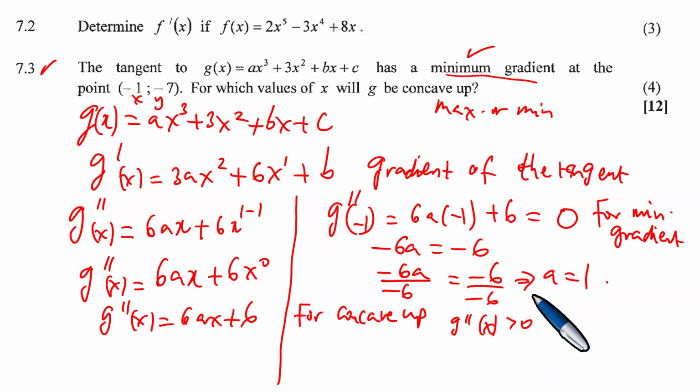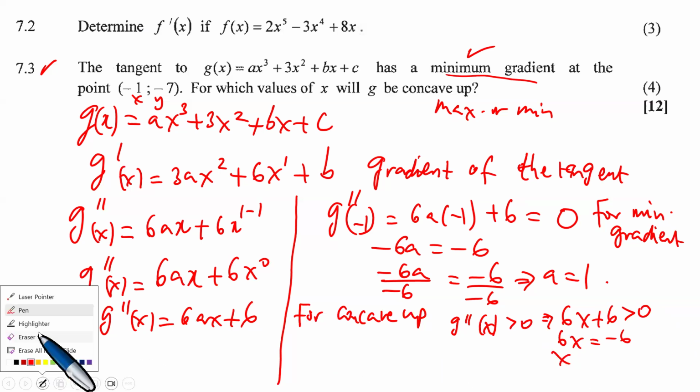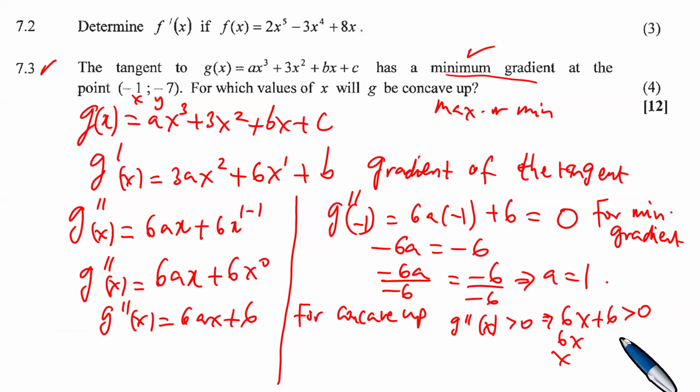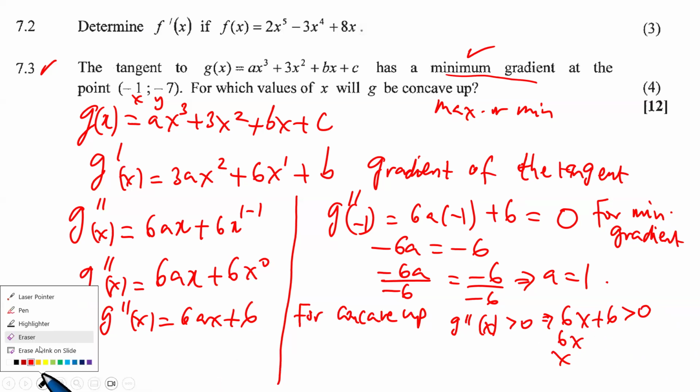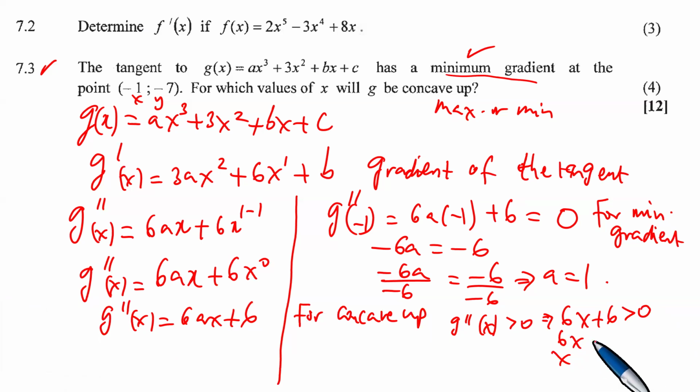We've already got that a is 1, which means that you're going to substitute everything here. It's therefore going to be 6x plus 6 bigger than 0. So 6x is bigger than minus 6.